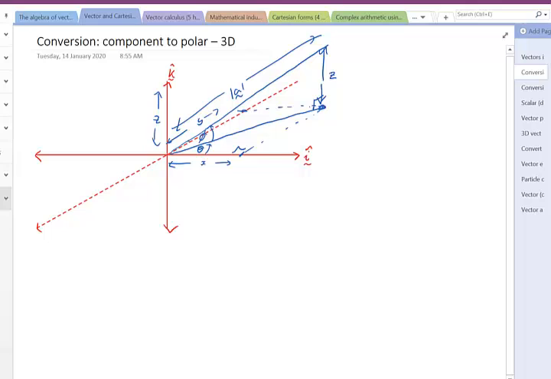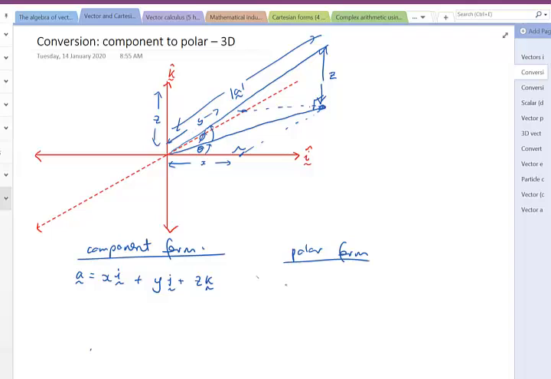If we recall, in component form, we have a vector A equal to xi plus yj plus zk. And in polar form, we have a vector which is simply A equal to the magnitude, the azimuth, and the altitude.